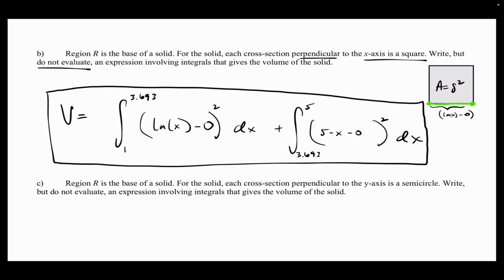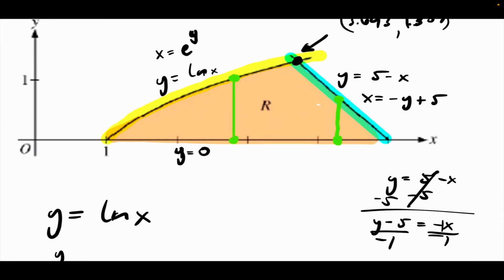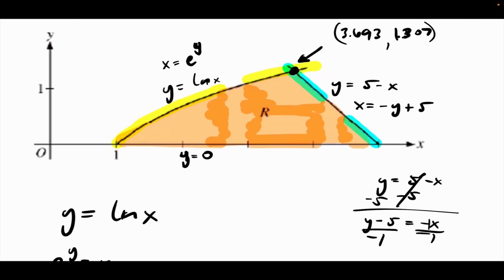Okay, one more. Last one. So this one is perpendicular to the y and it's a semicircle. Same shape. So now it's perpendicular to the y.